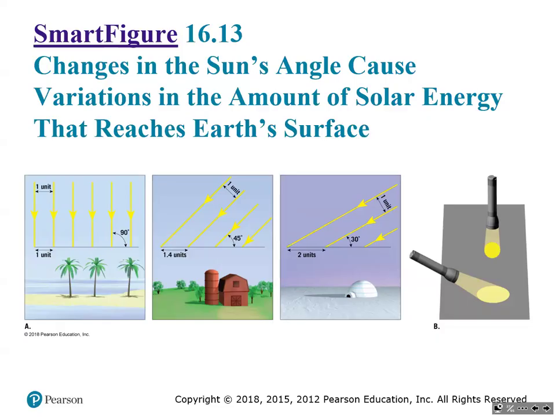But if you're at 45 degrees, every one unit of sunlight gets spread over 1.4 units of ground. And if you're down at 30 degrees, every 1 unit of sunlight gets spread over 2 units of ground, which is why it's colder near the poles. Because that sunlight gets spread out over a larger area. So basically each unit of Earth gets less sunlight.